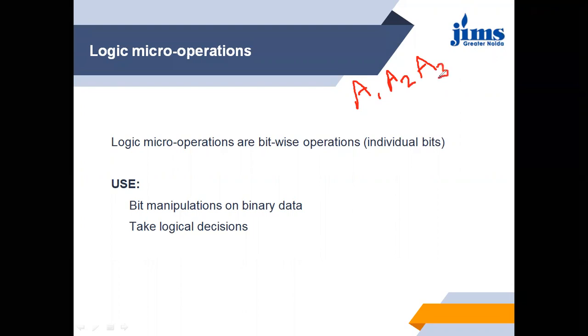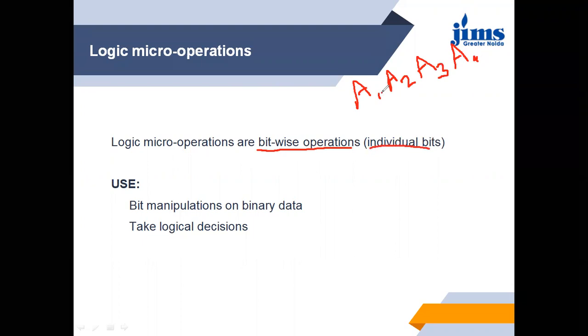When I have to perform an operation on the bits, then these logical micro operations are used. Logic micro operations are bitwise operations. This is the reason we say that these are bitwise operations performed individually on the bits.